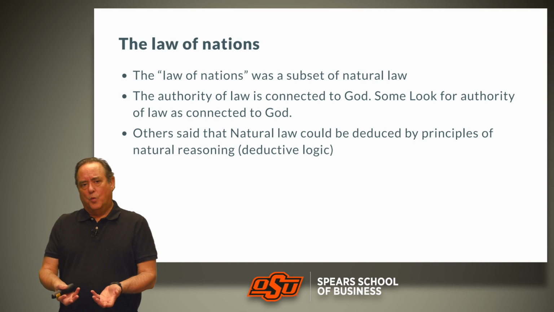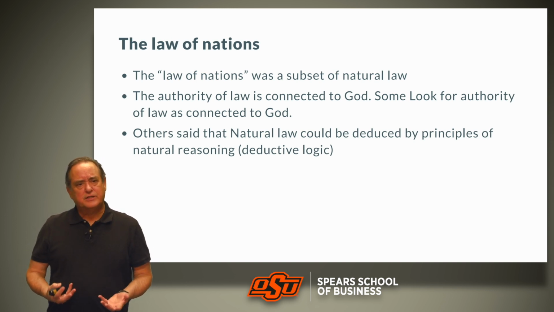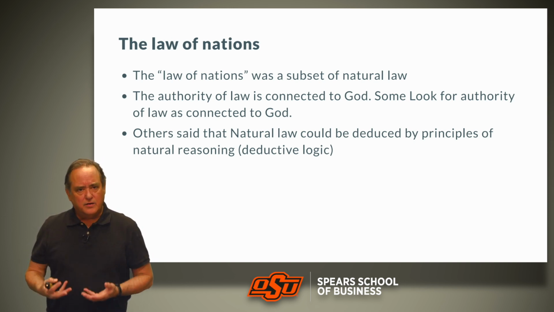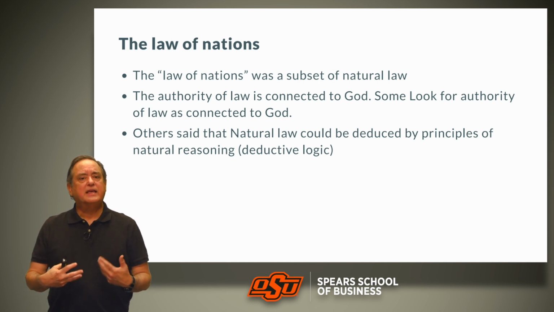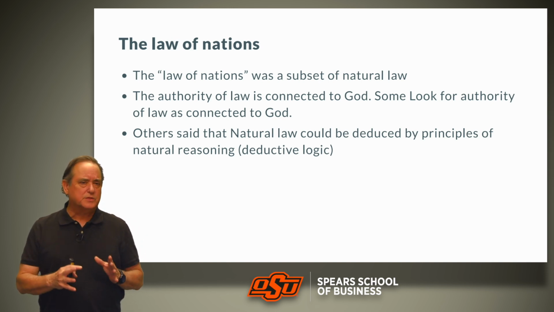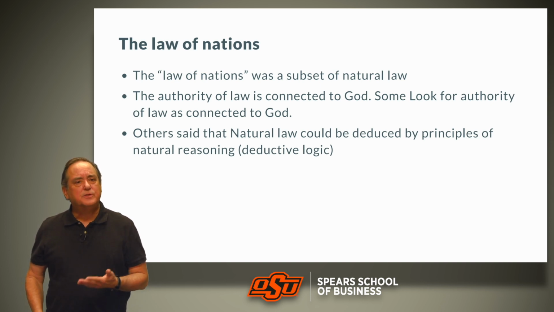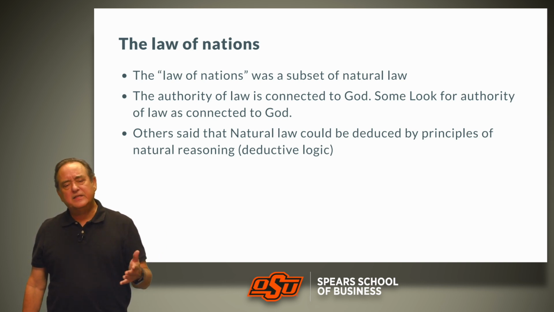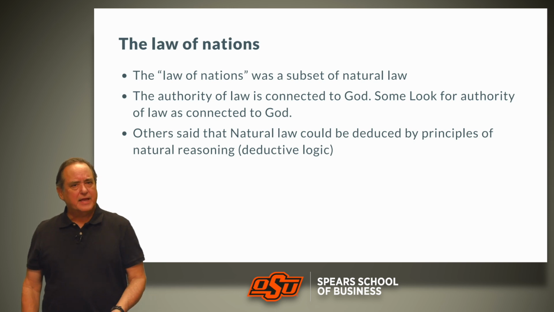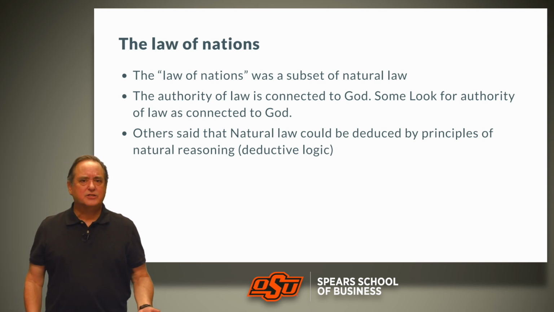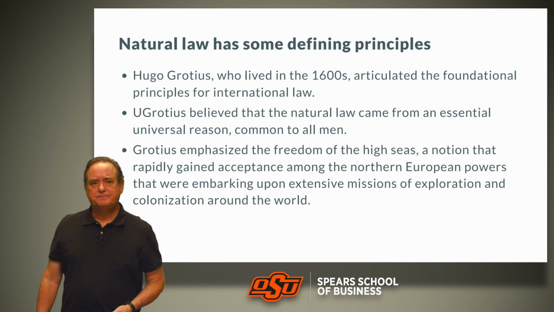And so what the early philosophers did was they took this idea of natural law and they said there must be principles in place that guide interactions between states in the same way as there are principles in place that guide interactions between people.